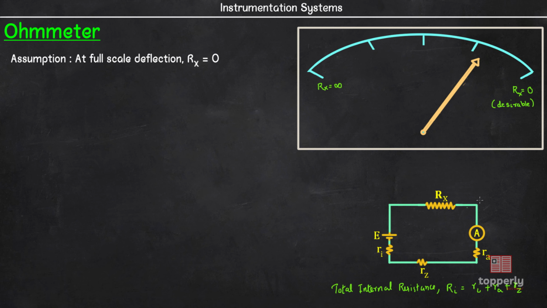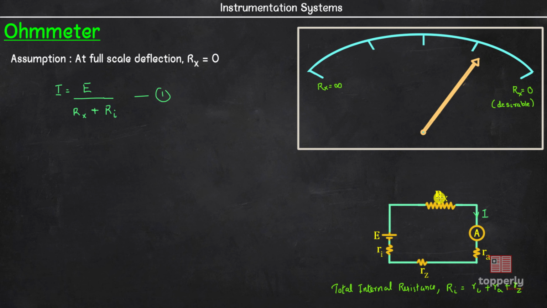Okay. Now using Ohm's law, the current in the circuit at any moment I can be written as I equal to E by Rx plus Ri, that is, the total internal resistance. And let's name it as equation number 1.